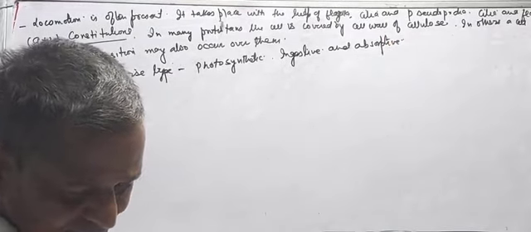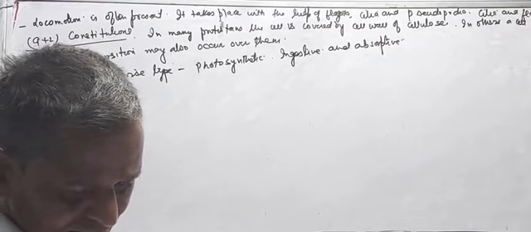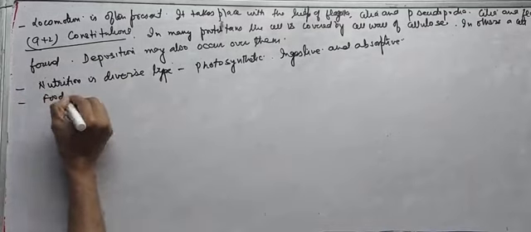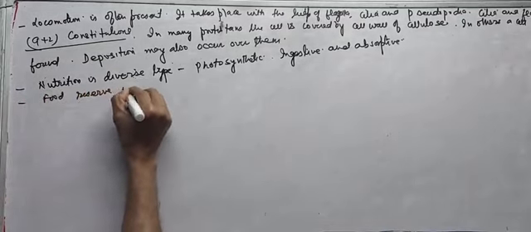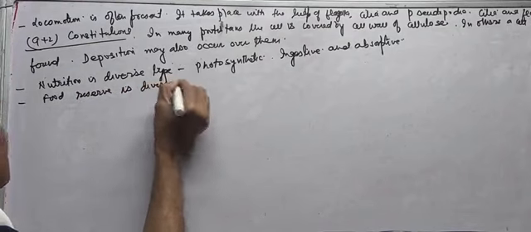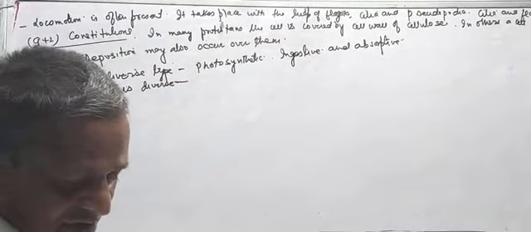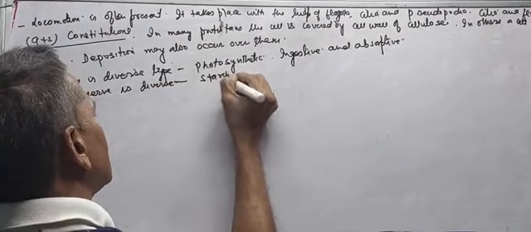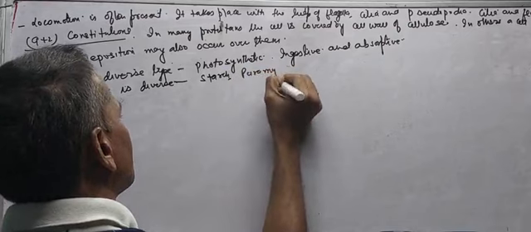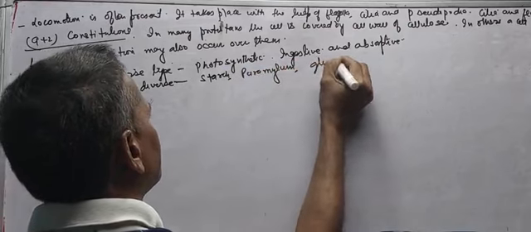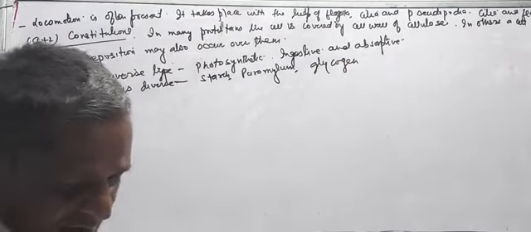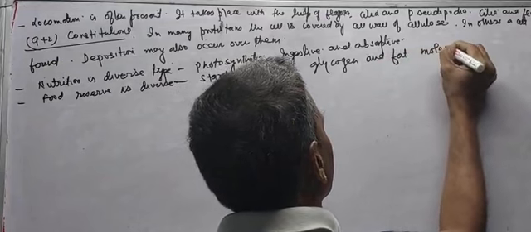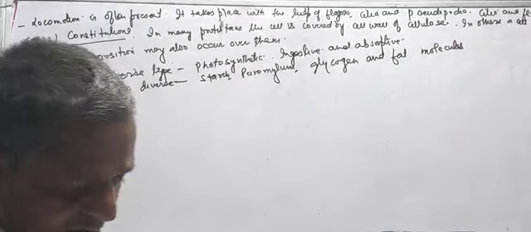Food reserve is diverse, such as starch, paramylum, glycogen and fat molecules.